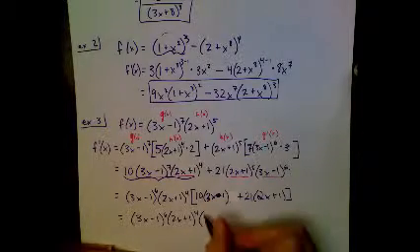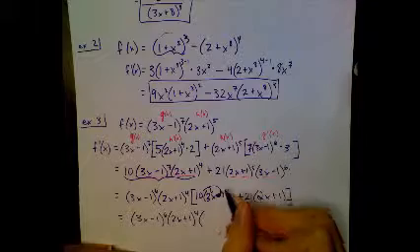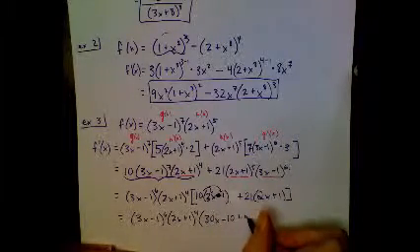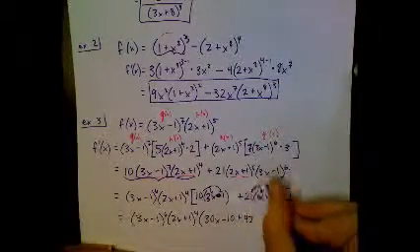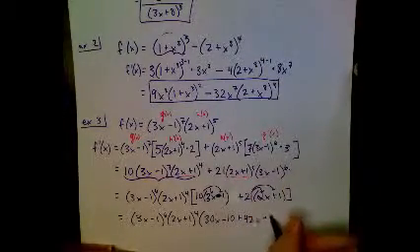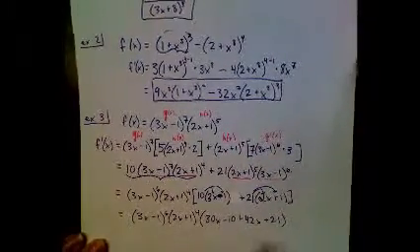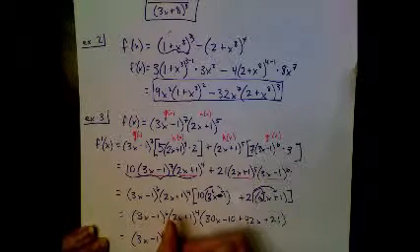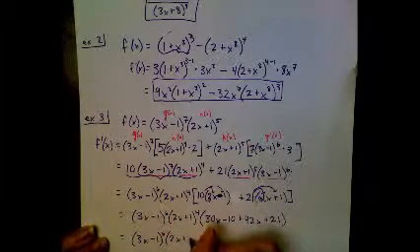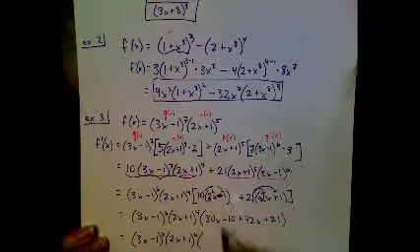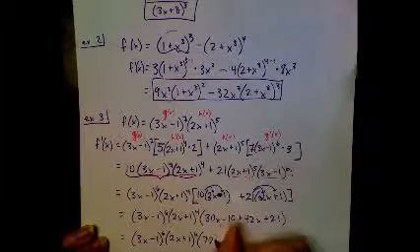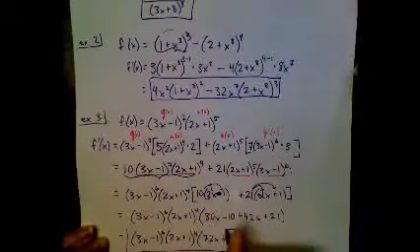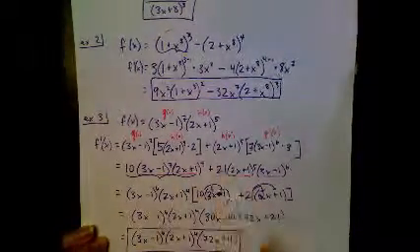I'm going to make these parentheses now because I'm going to distribute. 30x minus 10 plus 42x plus 21, and then I can combine my like terms. We'll make 72x plus 11, and now it's all factored rather than multiple adding terms.